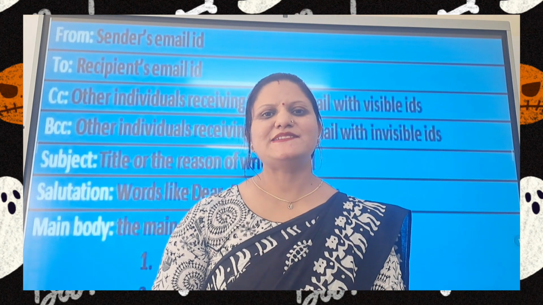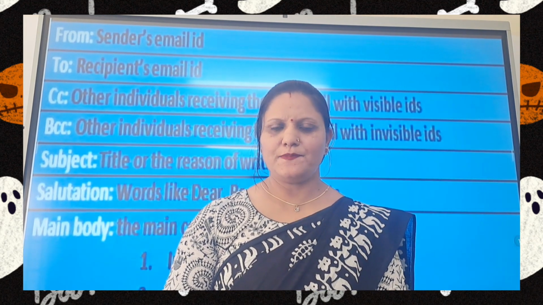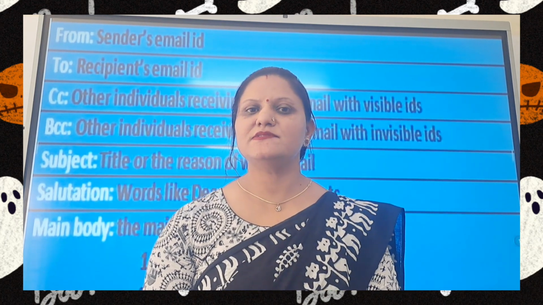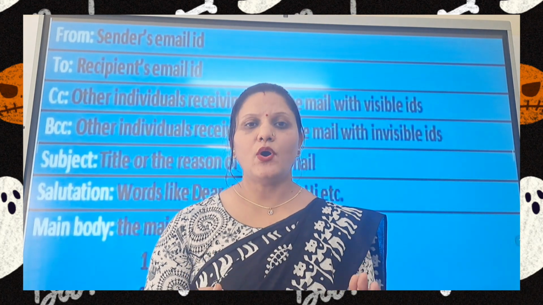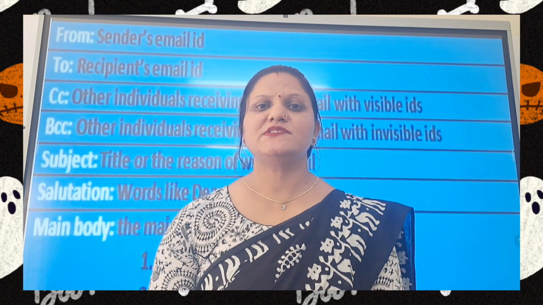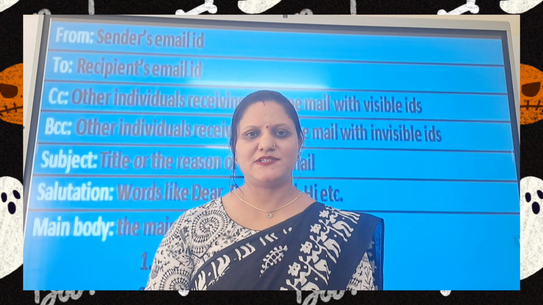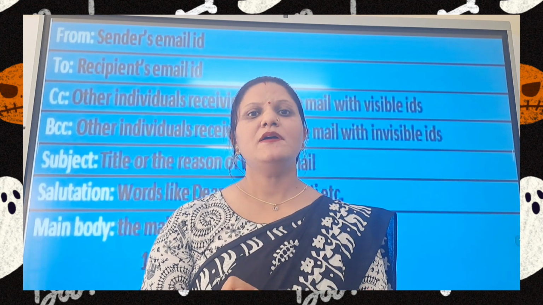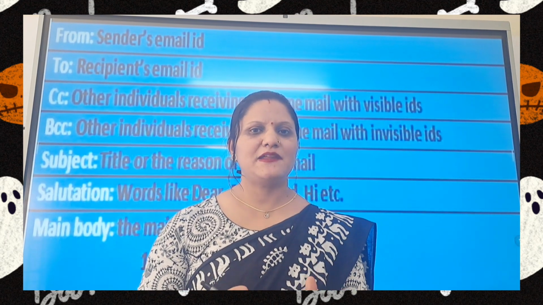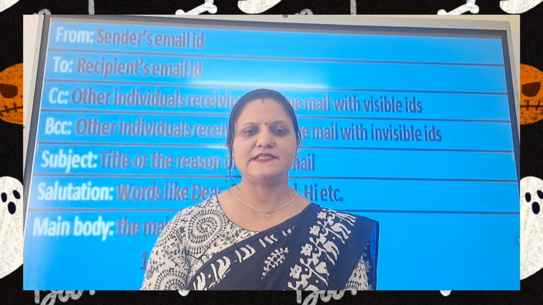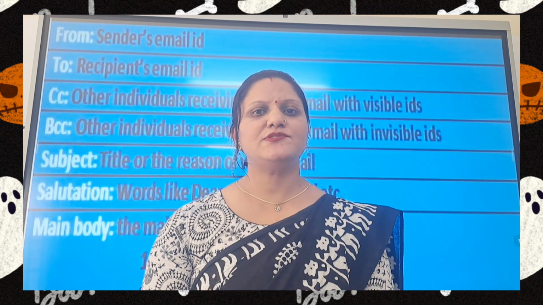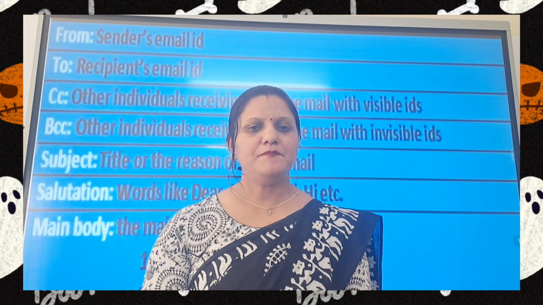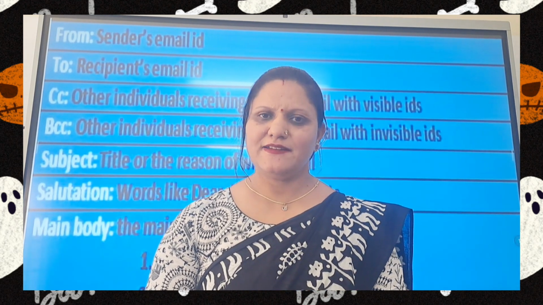And blind carbon copy, BCC, is where the list of receivers is not visible to all, where we don't want to tell someone to whom we have sent the particular email. So those email IDs we don't want to inform, we can mention in BCC, and to whom we want to tell that we have sent one copy of this email, we can mention their email ID in carbon copy.